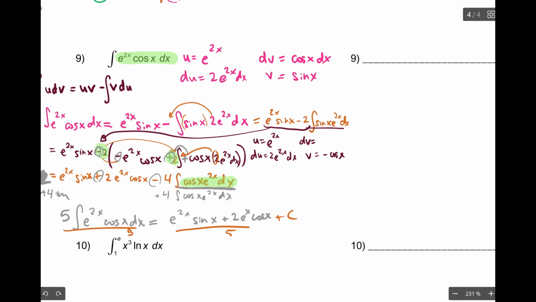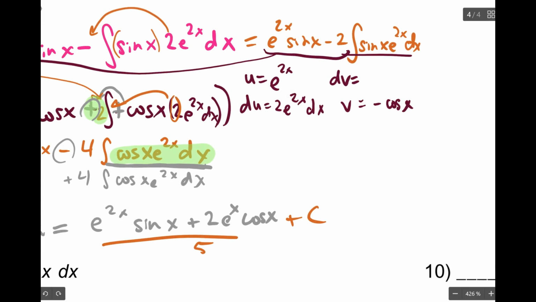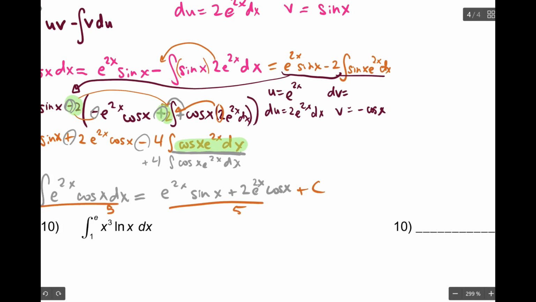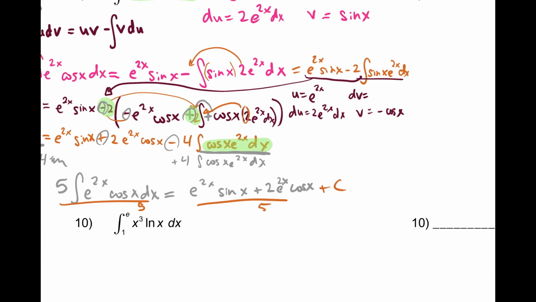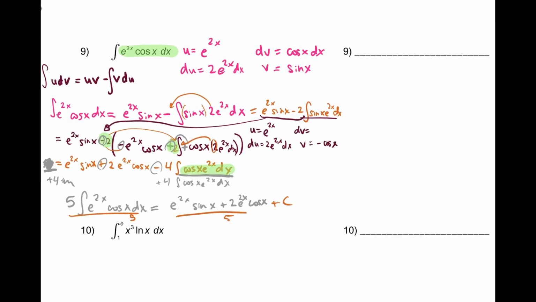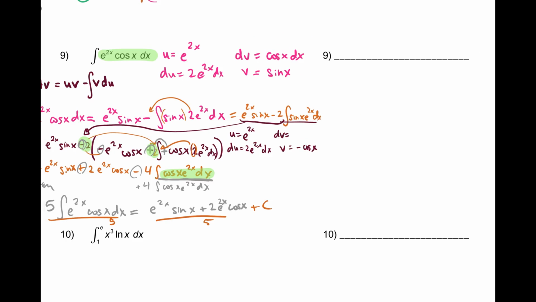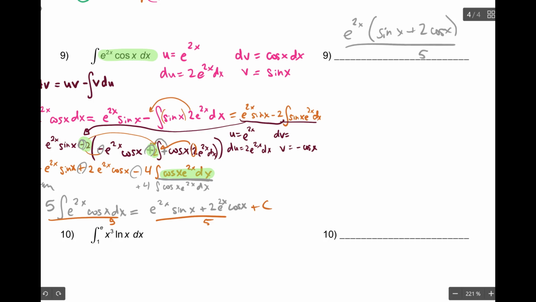I have a disgusting feeling that you're going to have this kind of problem, but you're going to have points too, so we're going to have to plug it all in. But hopefully it'll be nice points. 0 and 0, please. Okay, so e to the 2x, I'm pulling that out. Sine of x plus 2 cosine of x all over 5, and then add c to that.